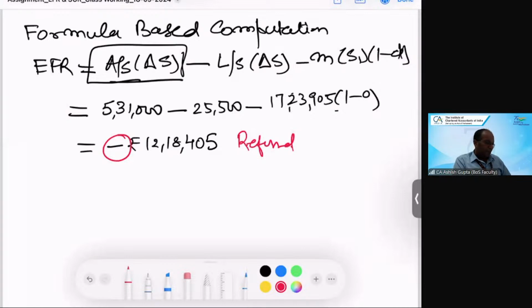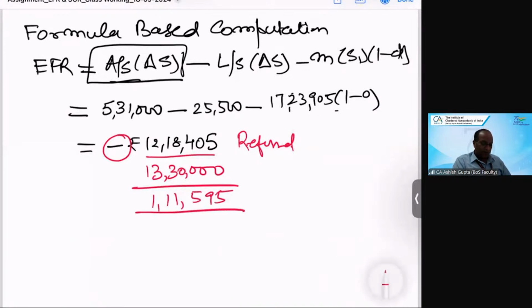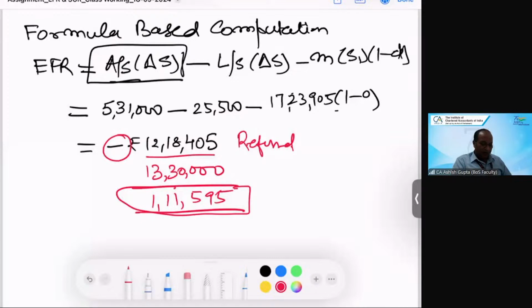My existing debt is 13 lakh 30,000. This much amount has been used to refund. So the balance left is 1,11,595. Okay, student. So this is the amount. I just write it in blank ink.